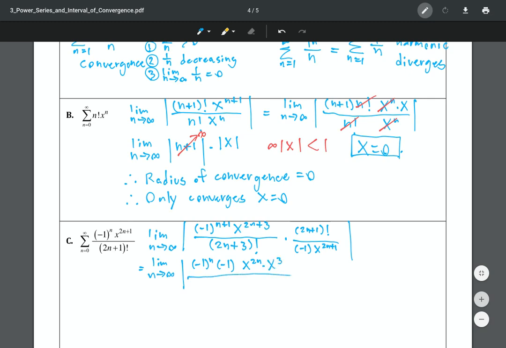Notice that I'm just splitting up those powers like that. And then 2n plus 3 factorial, I can write it like this. Bear with me here, it takes a little bit.